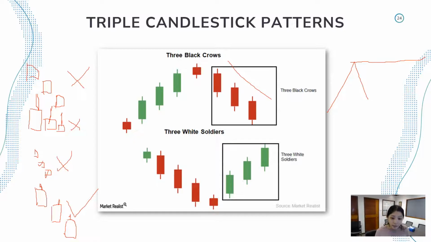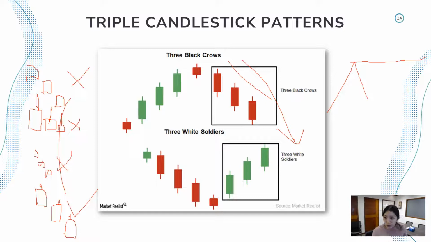This is not valid. And the white soldiers also occur as a sign of reversal of a trend. If you see the black crows, it means there will be a bearish reversal.